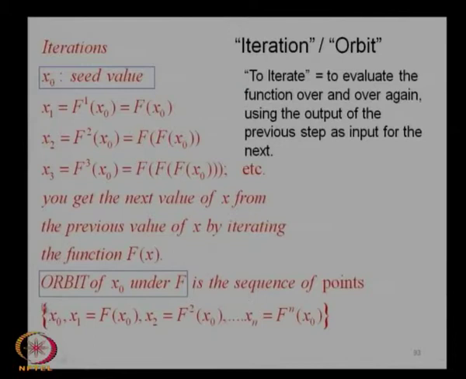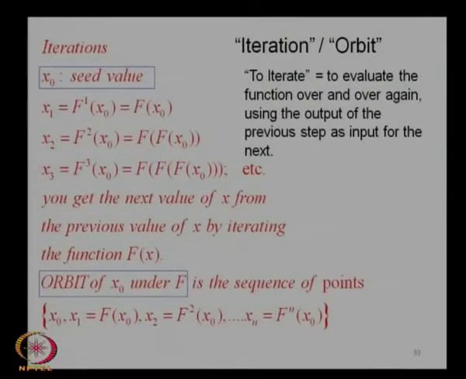Here is a set what you see in the bottom of this figure, you have got x0 over here, x1 is a function of x0, x2 is function of the function of x0 and so on, and xn is the function applied n times to the seed value, right. So you have this whole sequence and this is the orbit of x0 under f according to our definition. So this is called the orbit.